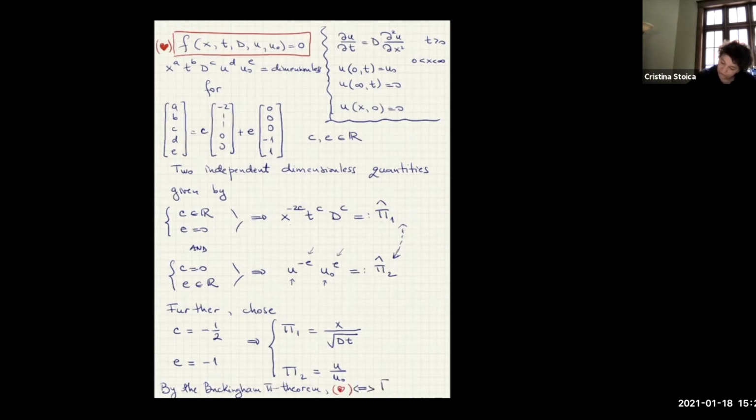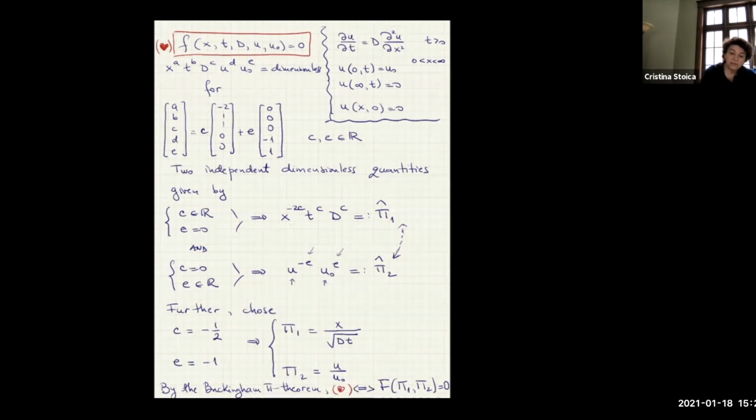Is equivalent to some relation that involves just these two guys. So what? Well, I'm gonna flip the page and we'll see so what.